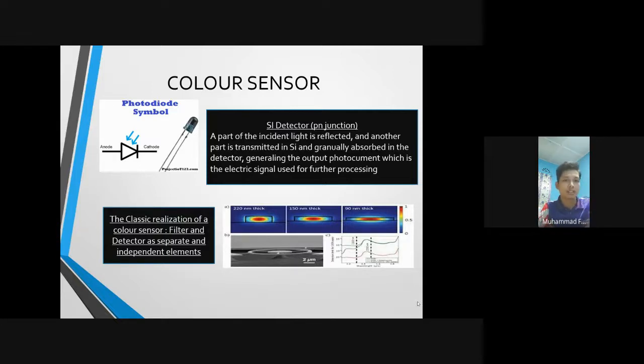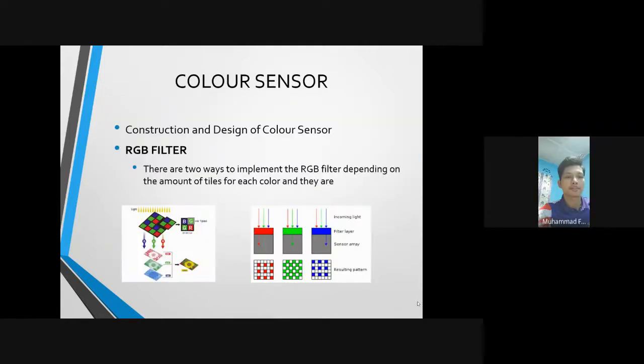Here we see the photodiode symbol. Now we go to the classic realization of a color sensor, with the filter and detector as separate and independent elements.